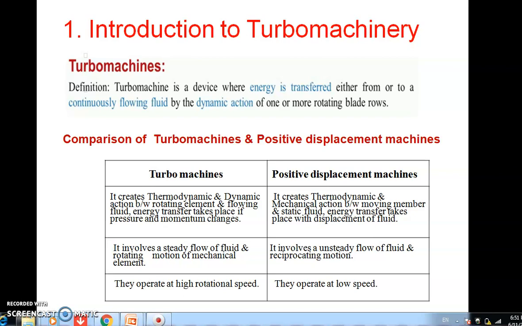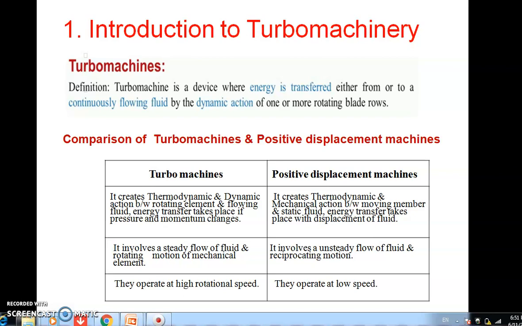So there is no continuous motion. At one point the piston stops. So it is a non-continuous motion, also called unsteady flow, and the motion is rotary in turbo machines and reciprocating in positive displacement machines.